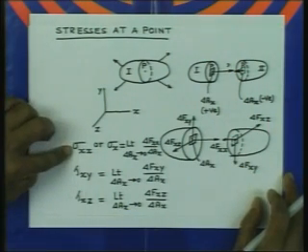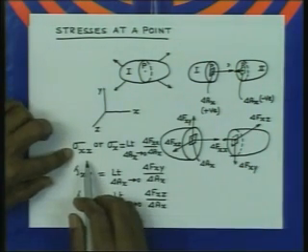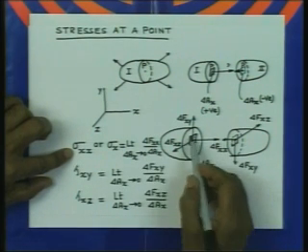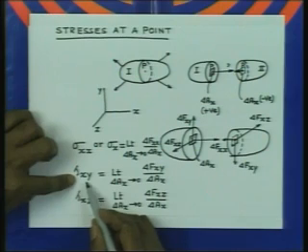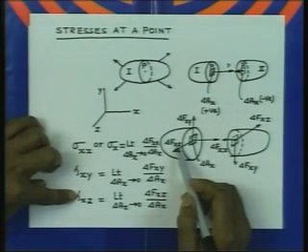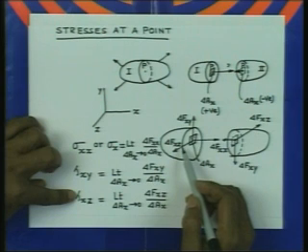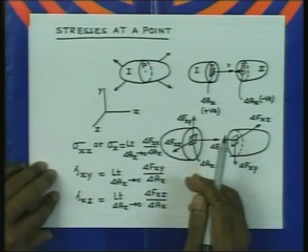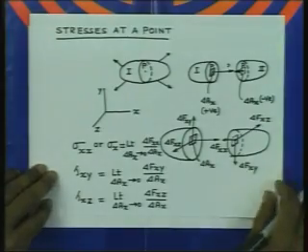And note that this sigma xx is acting normal to the area, so it is known as normal stress, and the other two components tau xy and tau xz, which have arisen out of delta Fxy and delta Fxz respectively, are acting parallel to the area, so they are known as shear stresses.